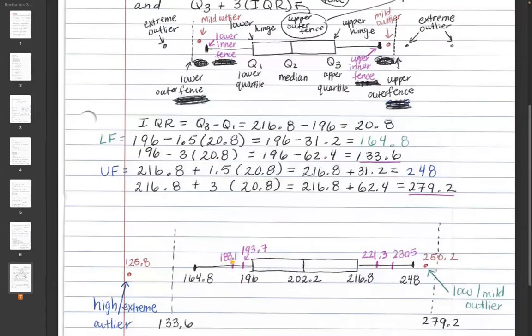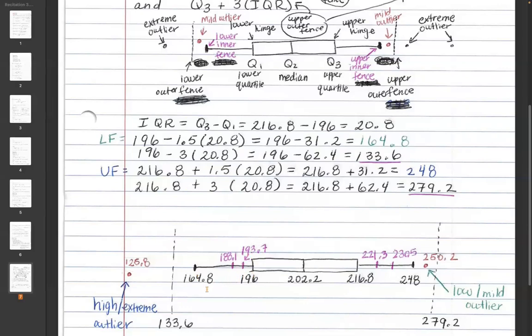The next value we were given was 188.1. That falls between quartile 1 and quartile 2, so that's not an outlier at all. Then we have 193.7.